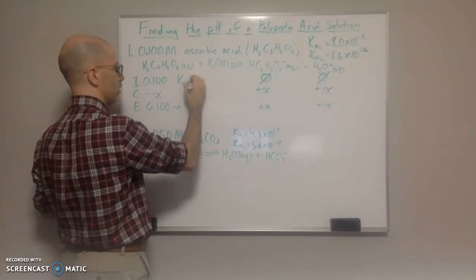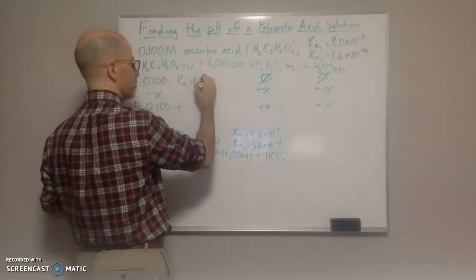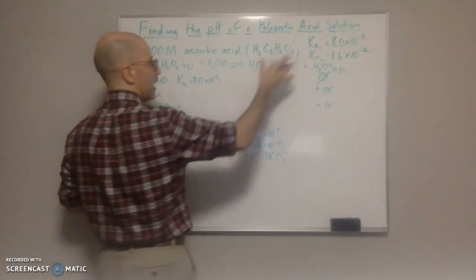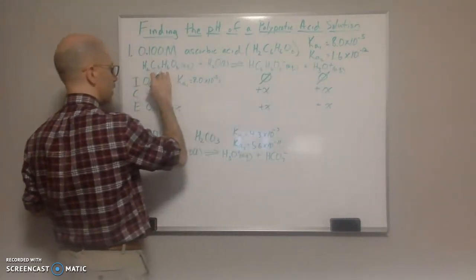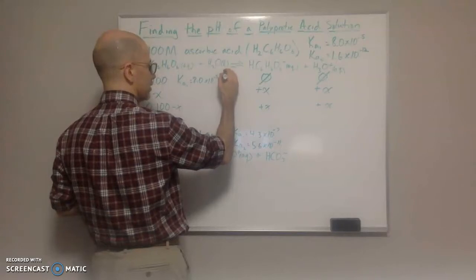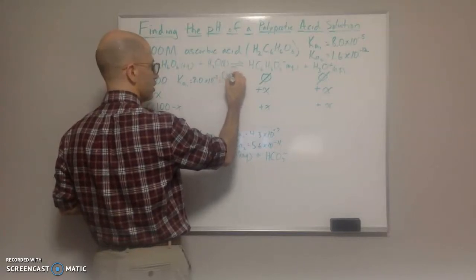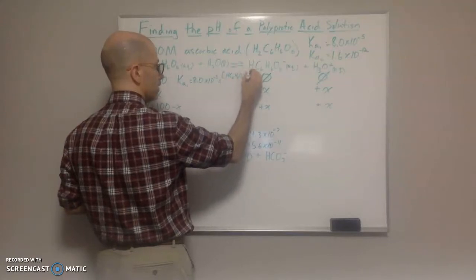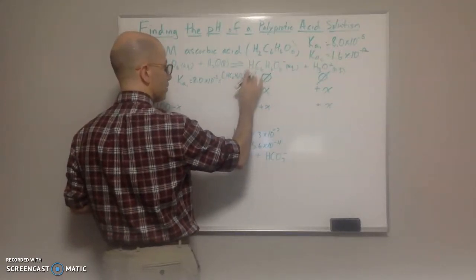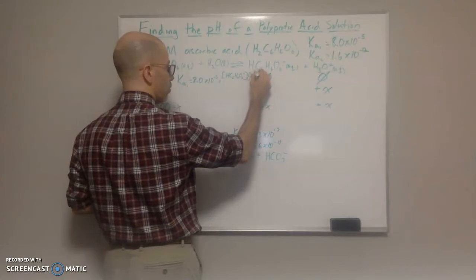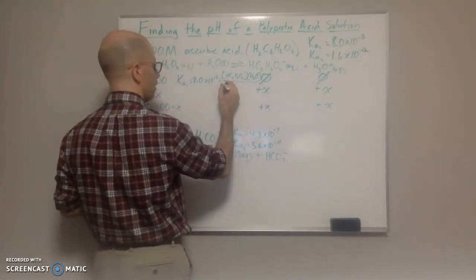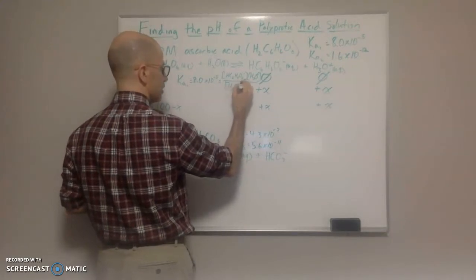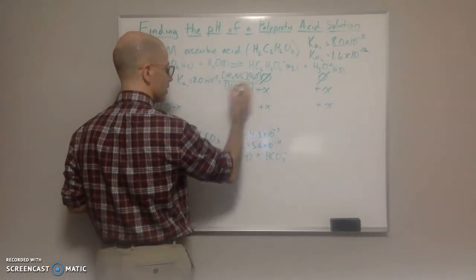And then now you can put this together for the Ka1 expression. So Ka1 is equal to 8.0 times 10 to the negative 5, which is going to be equal to the concentrations of these two over the concentration of the acid. So concentration of HC6H6O6 minus times H3O plus concentration over the concentration of the acid, H2C6H6O6.